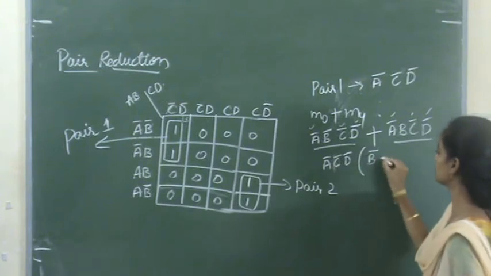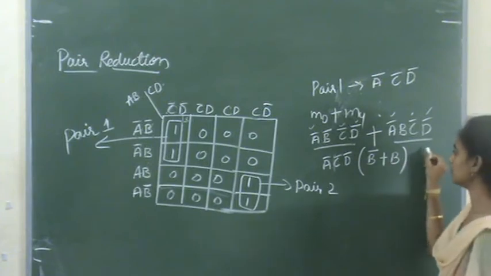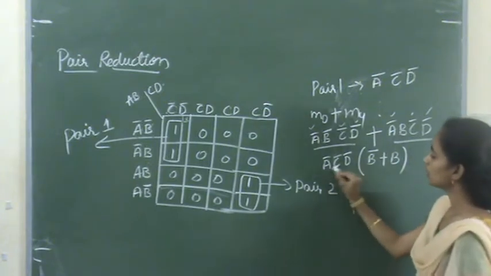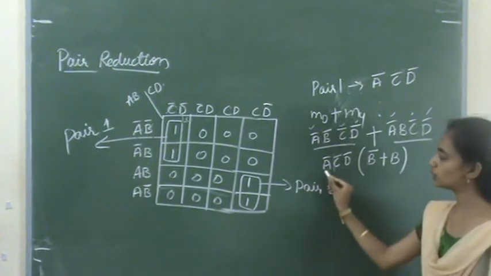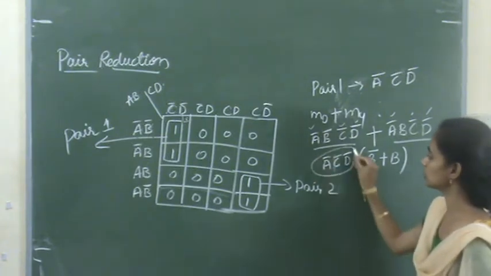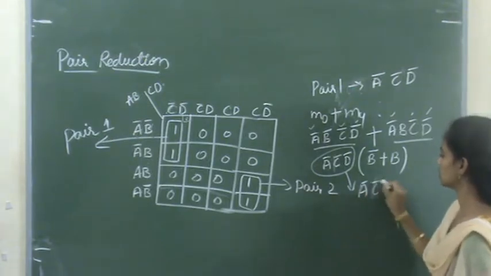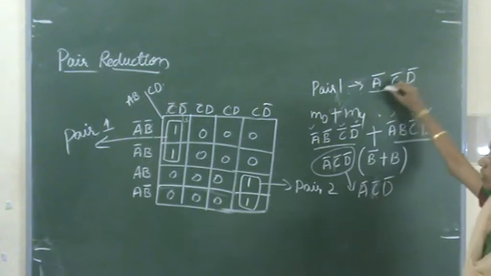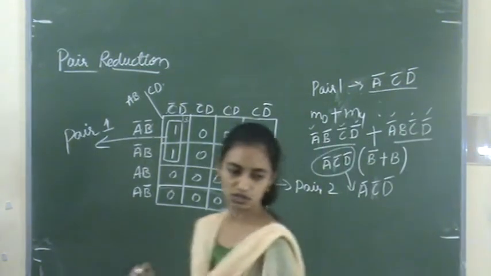The remaining thing is B bar plus B, and we know that B bar plus B is 1. So A bar, C bar, D bar into 1 is equal to A bar, C bar, D bar. So the result is A bar, C bar, D bar. We are reducing this expression like this.